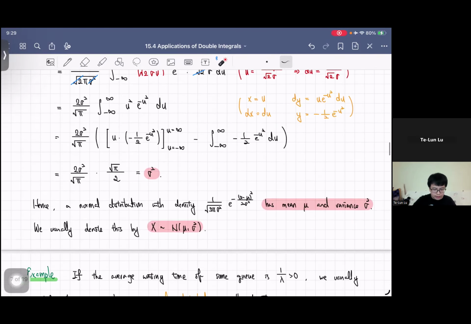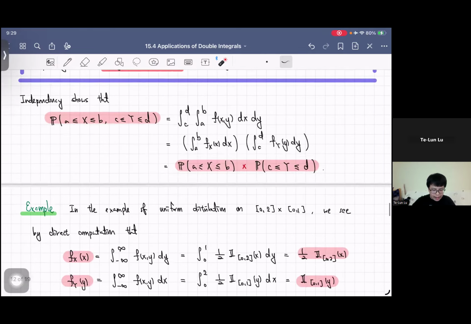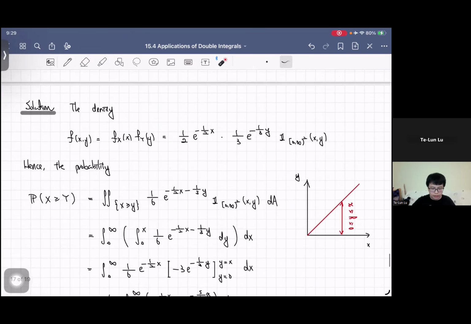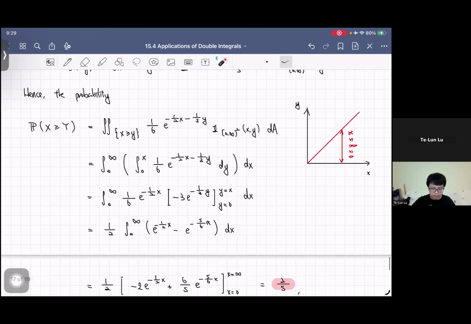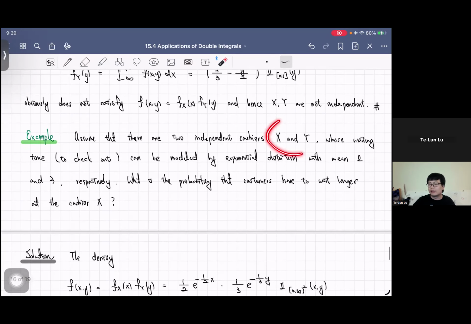And we usually use the exponential distribution to describe the waiting time of some stack or queue, where if you have a waiting time of mean 1 over lambda, where lambda is a positive number, then you can model that waiting time using this distribution. And as I mentioned in the example here, we see that this kind of modeling works well in the sense that it reflects our intuition.